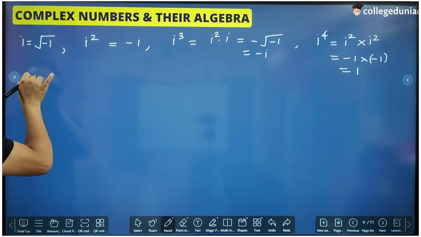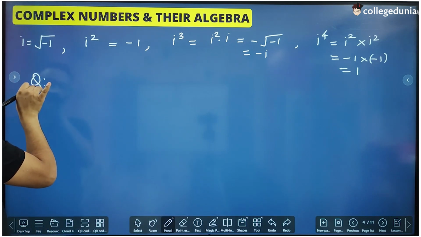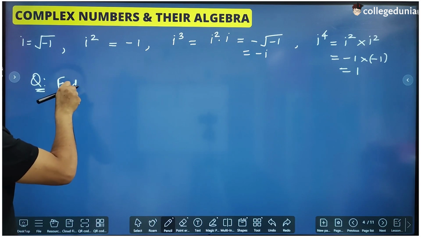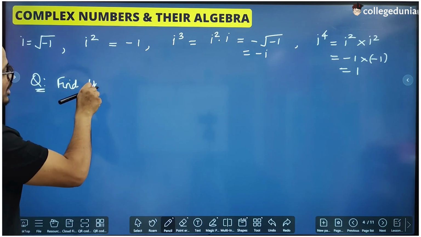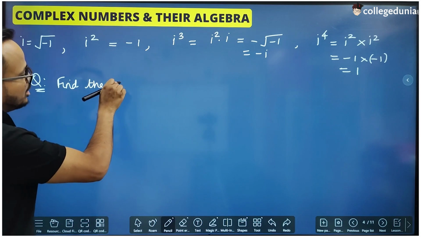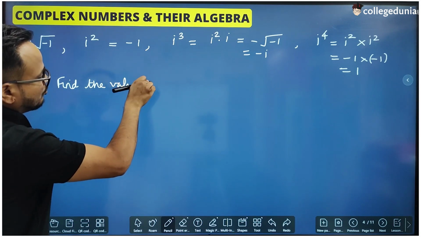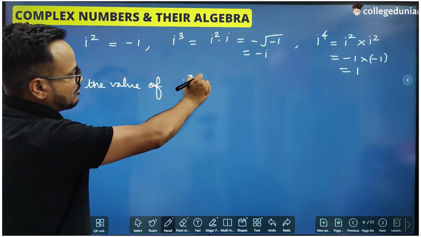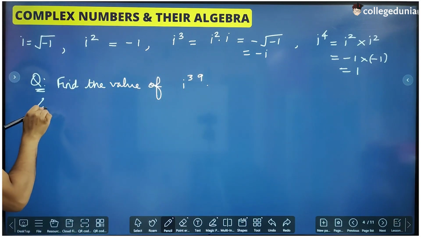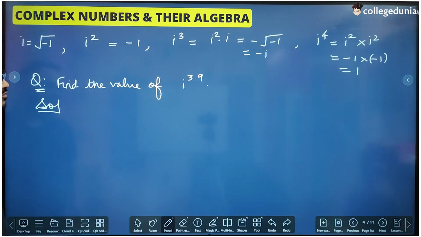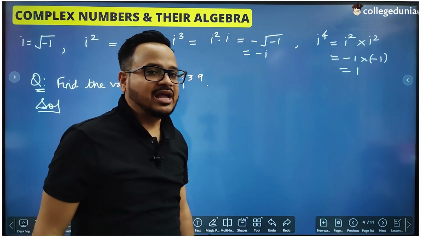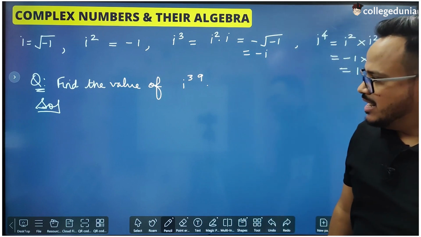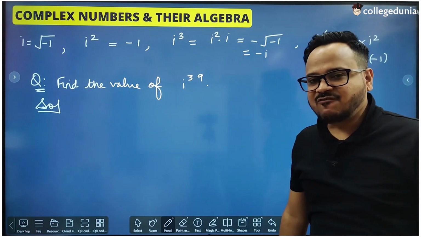Suppose I have a question which says find the value of i raised to power 39. So how will we find this value? We will first divide 39 by 4 and see what the remainder is.